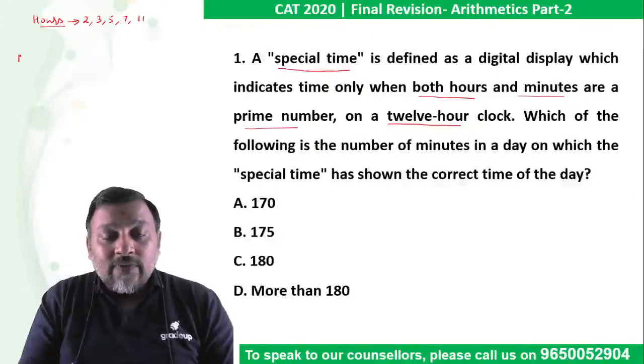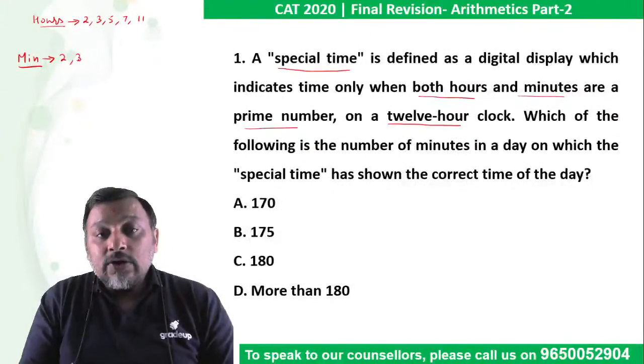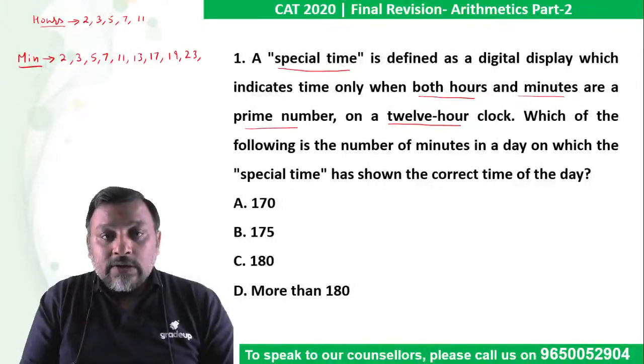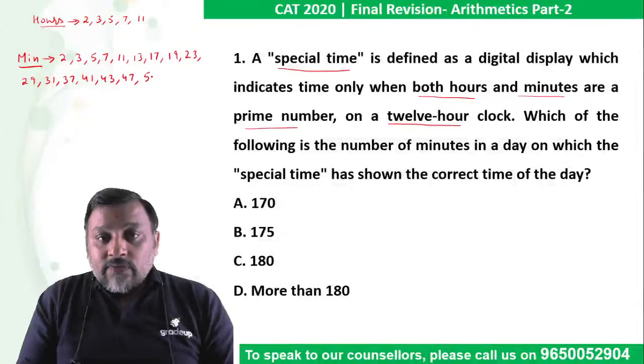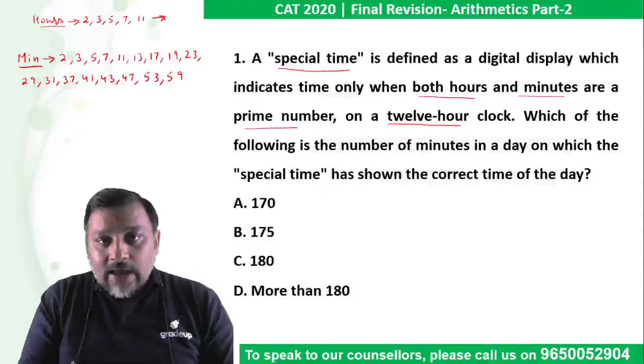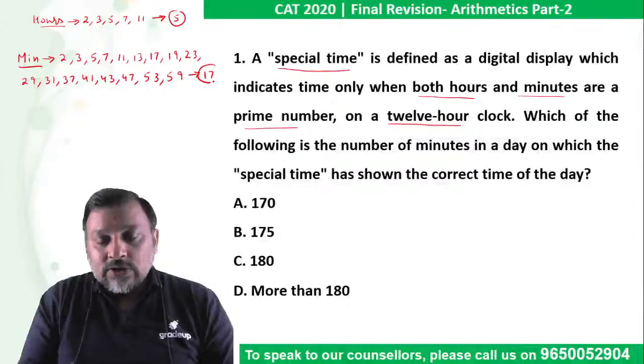And if I look at the minute hand, the prime values are 2, 3, 5, 7, 11, 13, 17, 19, 23, 29, 31, 37, 41, 43, 47, 53 and 59. So this is 5 values in all and this is 17 values in all.